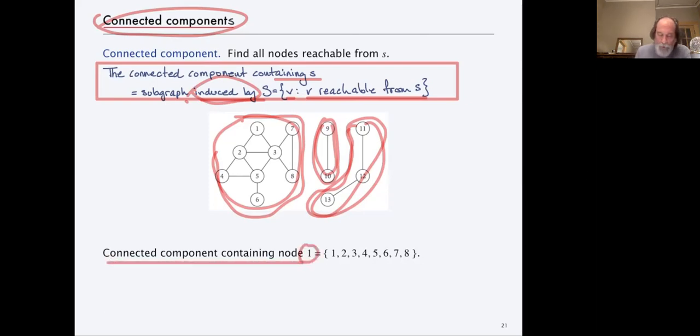The connected component containing 1: you start at 1, include every vertex that you get to from 1 by a path, and you include all the edges. More properly, the vertices of the connected component containing node 1 are these.